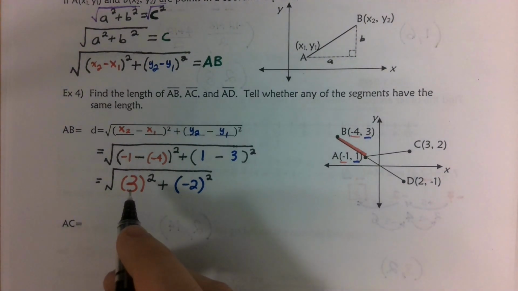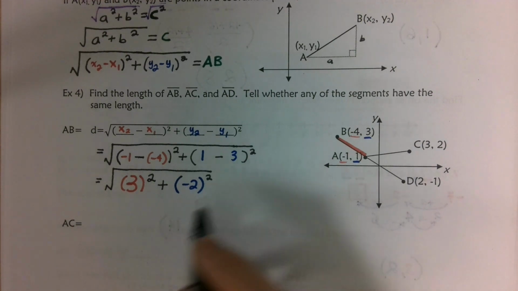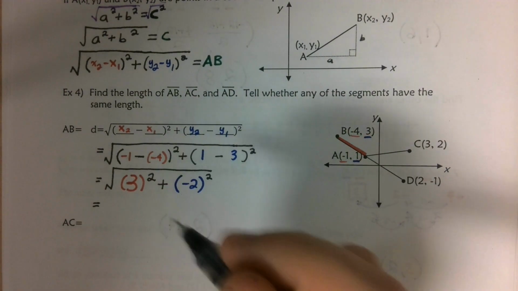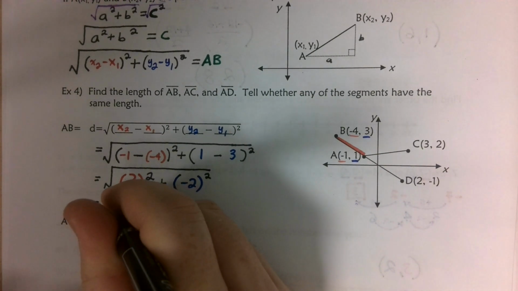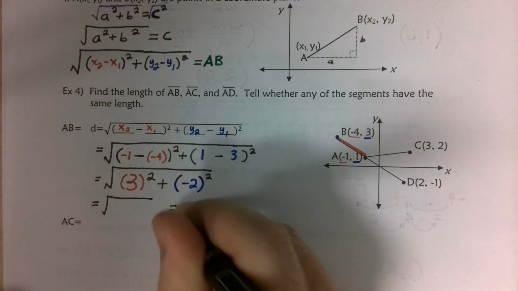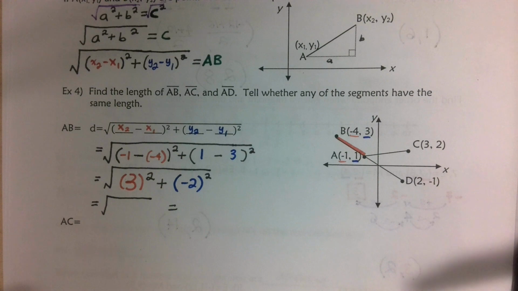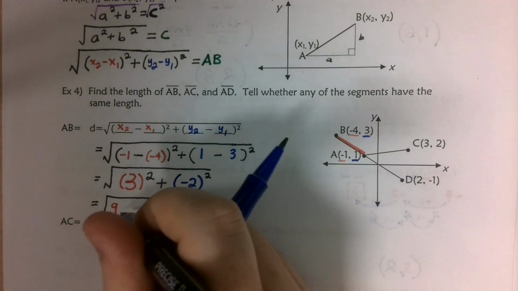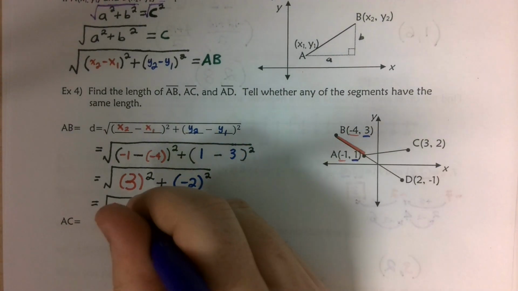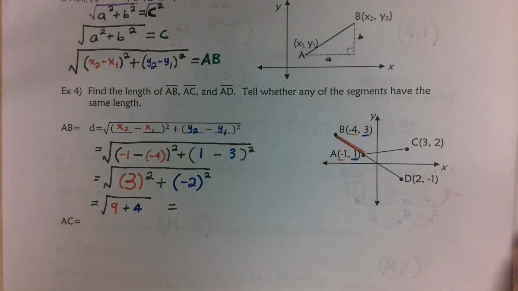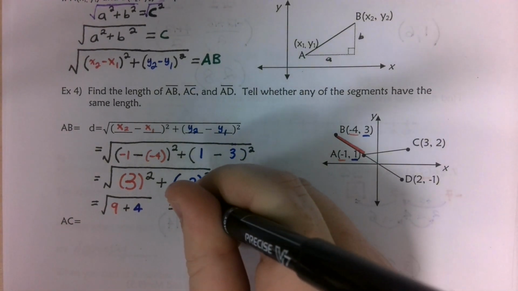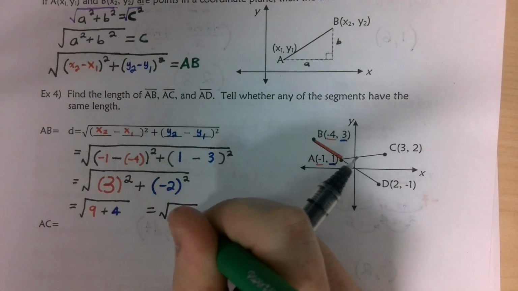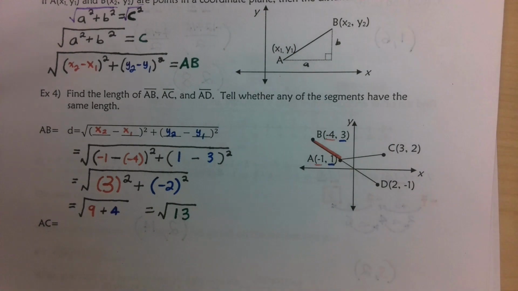Now it's just figuring out what 3 squared is, figuring out what negative 2 squared is, adding them together and square rooting them. 3 squared is just 9, and negative 2 squared is just positive 4. So this is like the square root of whatever 9 plus 4 is. We happen to know the square root of 9 plus 4 is the same as the square root of 13. 9 plus 4 is 13.